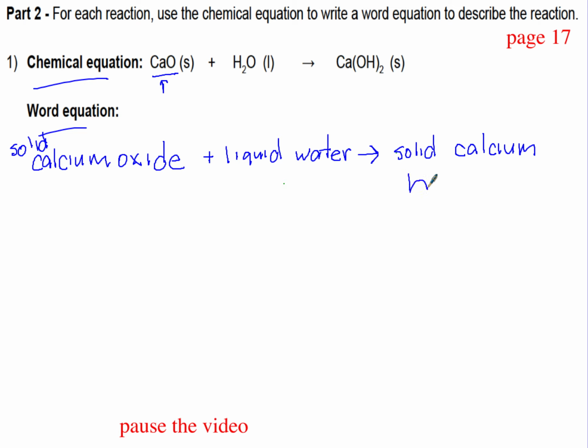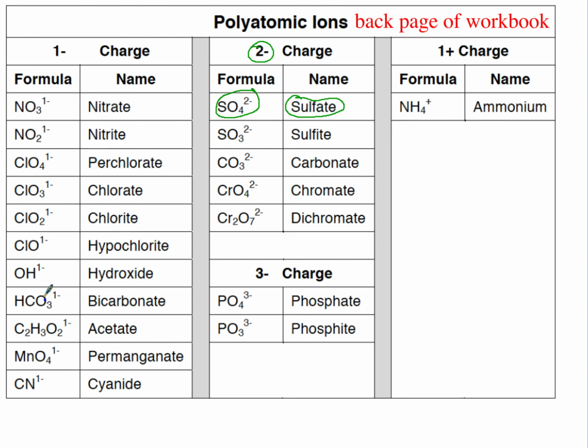And I'll write it on this side. All right, so you have to look at the OH and look on that sheet here, and you say, oh, OH here, that's hydroxide. All right, so you remember how to do that.